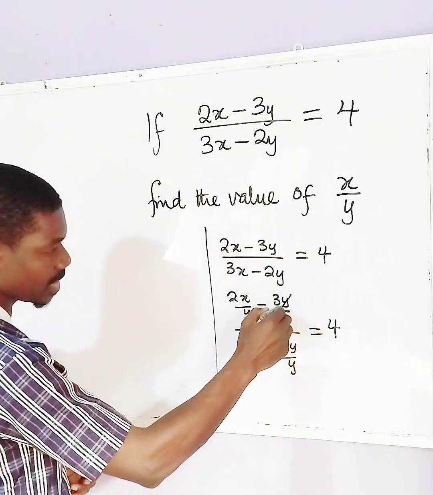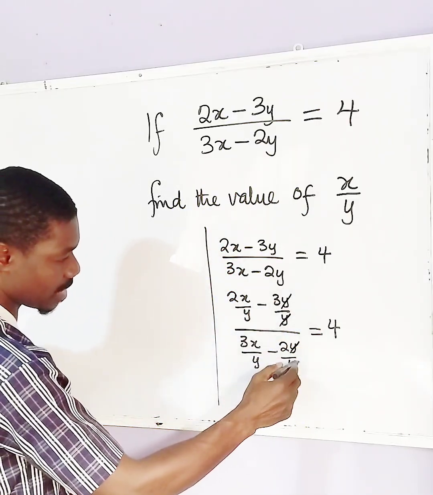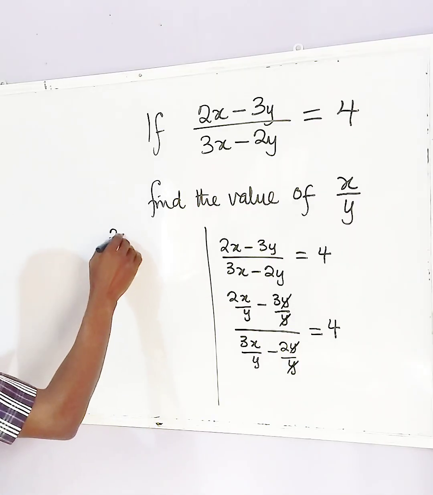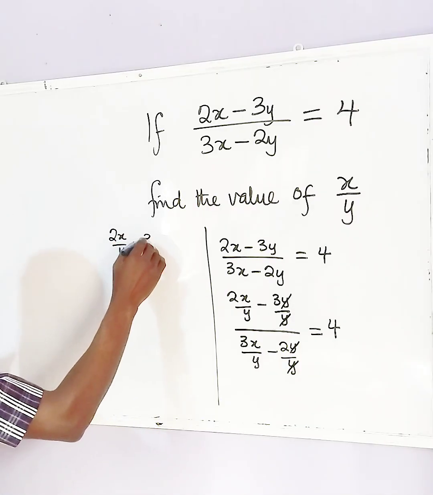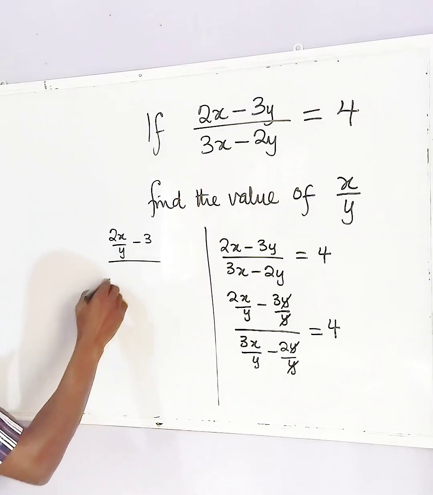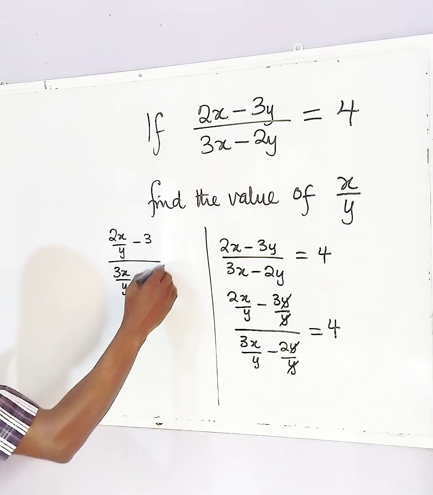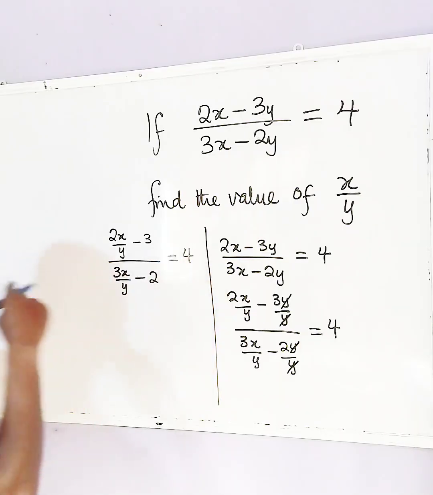So this eliminates this, and this eliminates this. So we are left with (2x over y minus 3) all over (3x over y minus 2), equals 4.